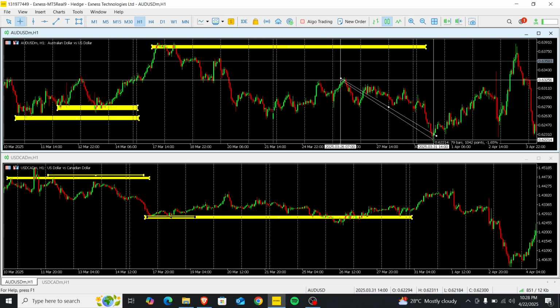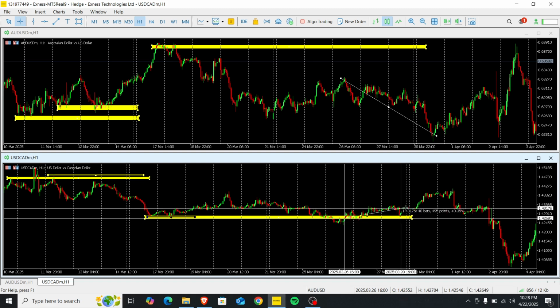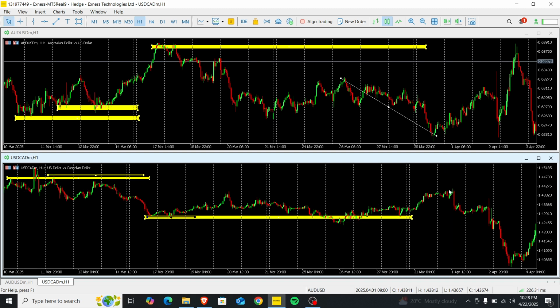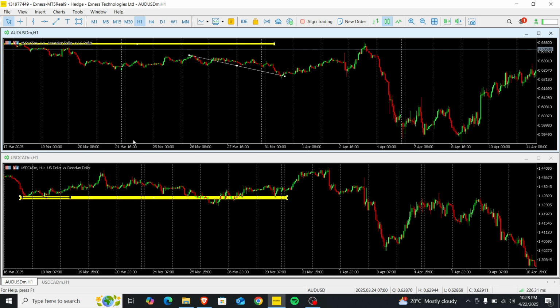It was another 100 pips right here, and another buy of around 150 pips. Again guys, this is very easy to spot, and you could go back in time and just do your backtest and see exactly what I'm talking about.